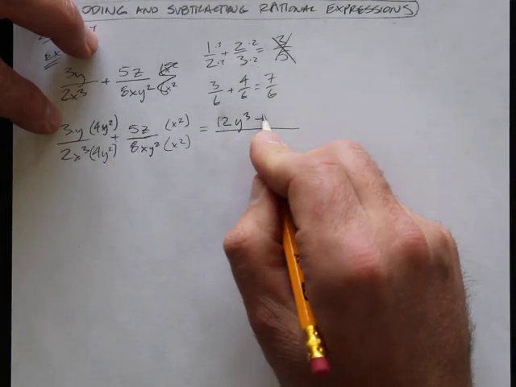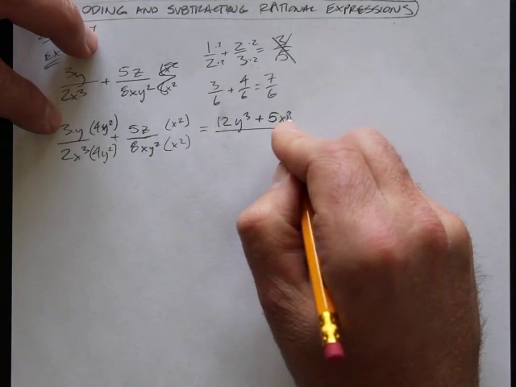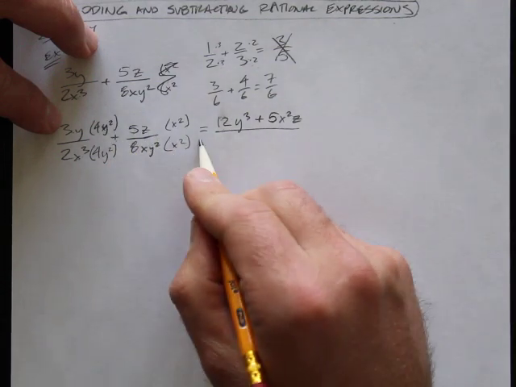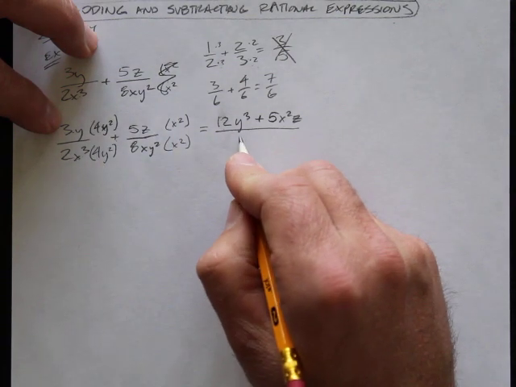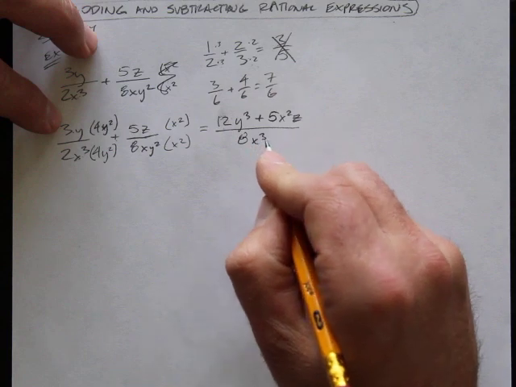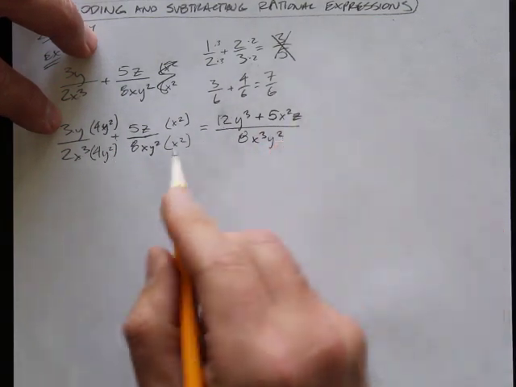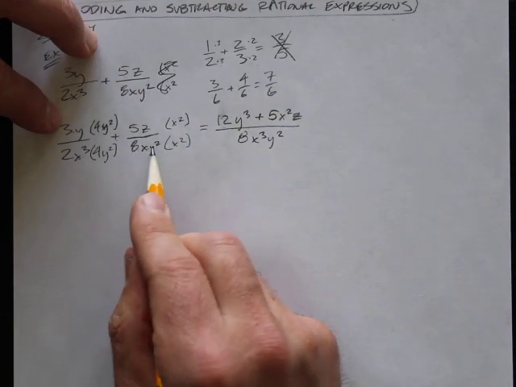And then plus 5x squared z. So that's what I have on the numerator. On the bottom, the denominator, I'm just going to have 4 times 2, which is 8, x cubed y squared. And I should have that same thing if I multiply here, 8x cubed y squared.